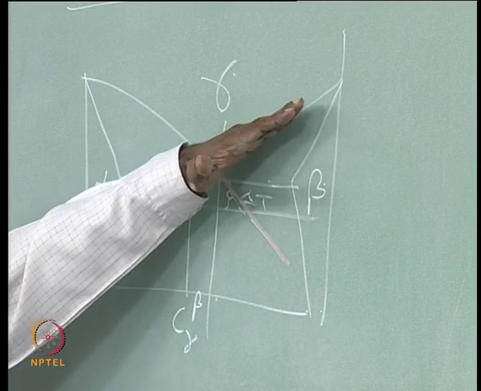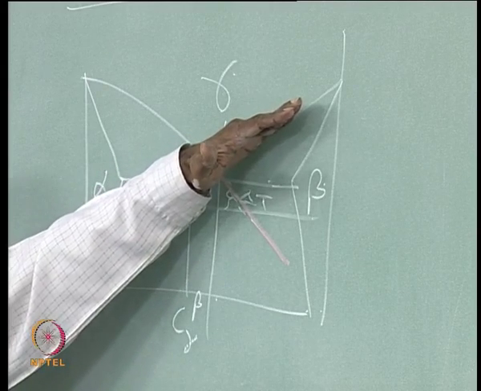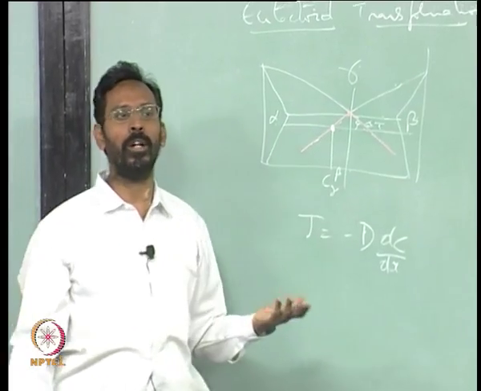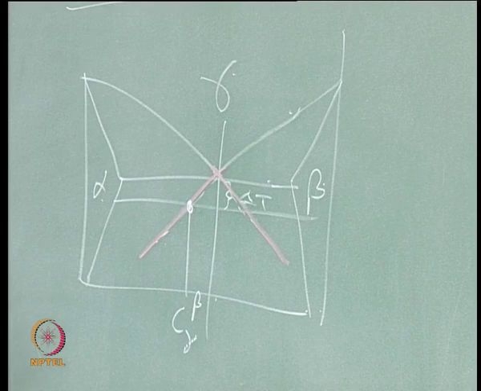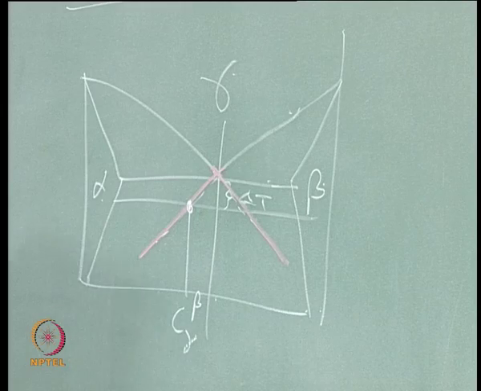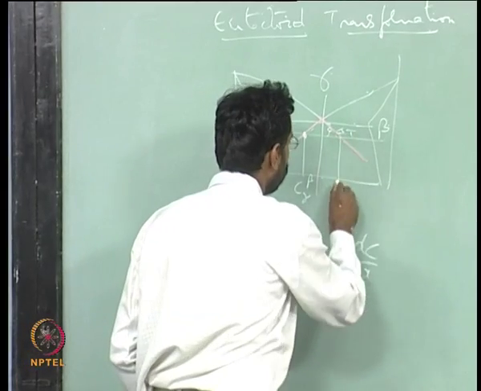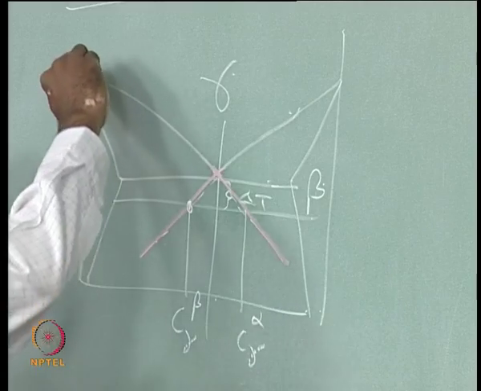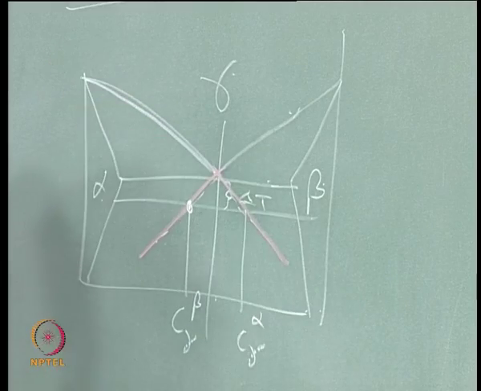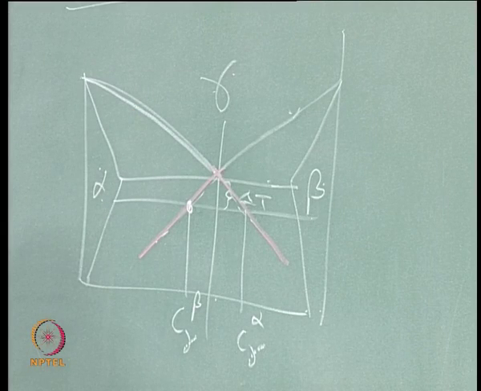So this line actually gives you the composition of gamma in equilibrium with beta at all temperatures. Because I am extrapolating that to a lower temperature, I can say that this is nothing but C gamma beta, and similarly this would be C gamma alpha, because this is the line which talks about the composition of gamma in equilibrium with alpha, right.